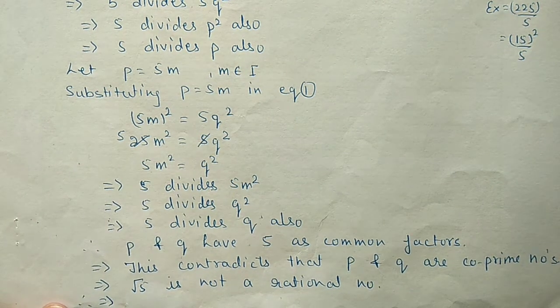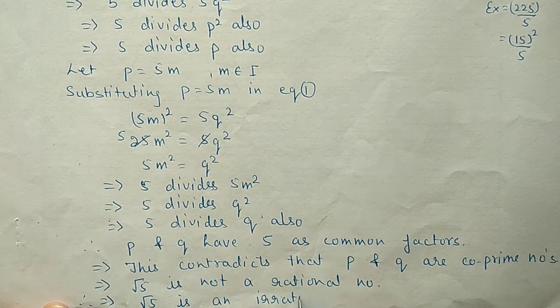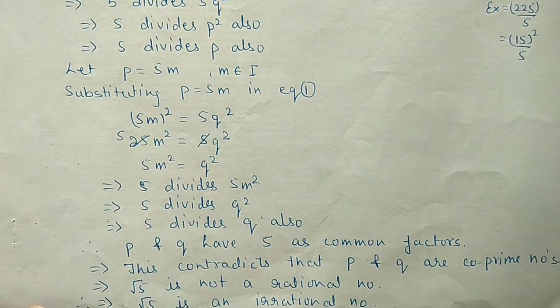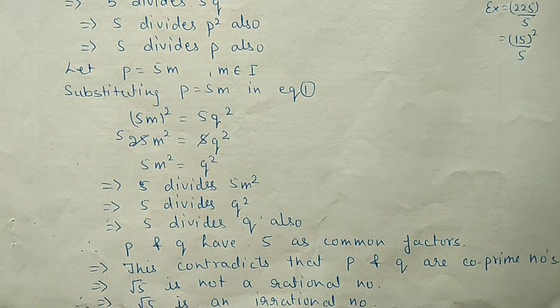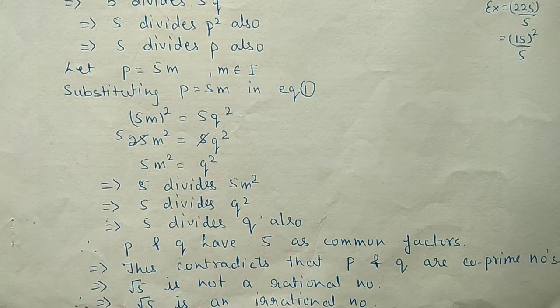Therefore we can say root 5 is an irrational number. So like this we have to prove these types of questions. First we will take the opposite statement. We will take the given number as a rational number and then we will prove this is not a rational number. It means it is an irrational number.